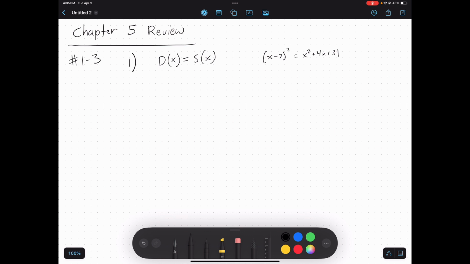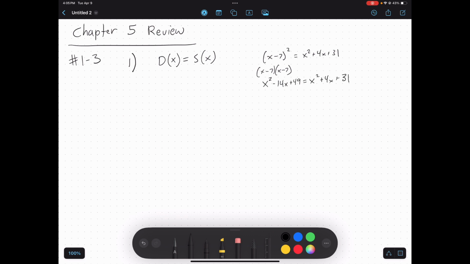The way you go about this one, if you're stuck: careful, I can't distribute that square because of the subtraction. Go ahead and just FOIL that x minus 7 squared out. If I do x minus 7 times x minus 7, I get x squared minus 14x plus 49.